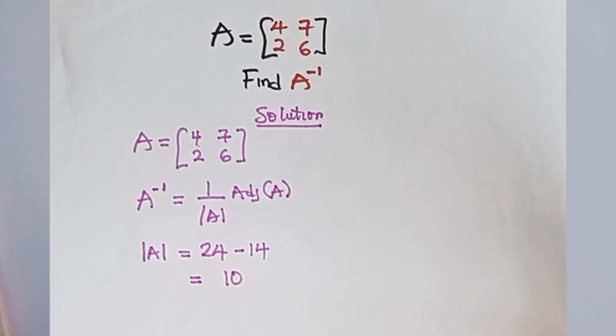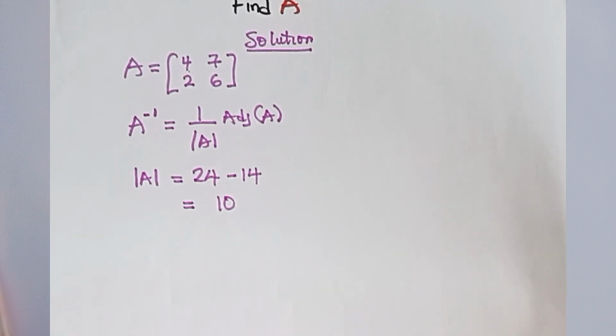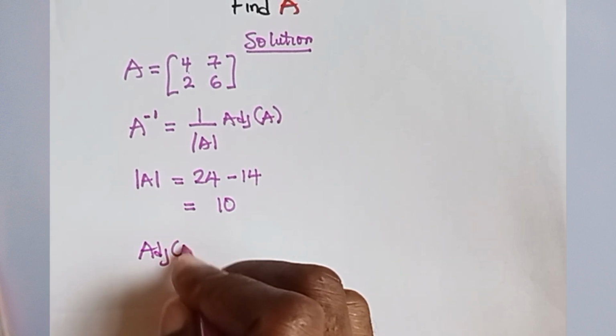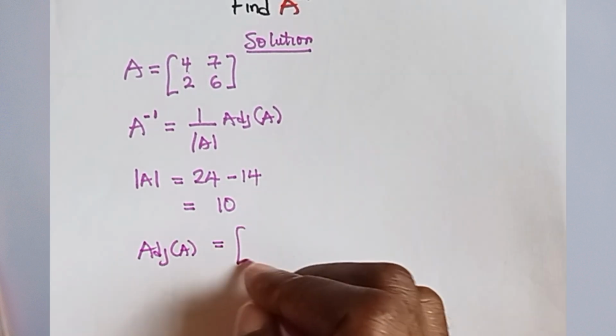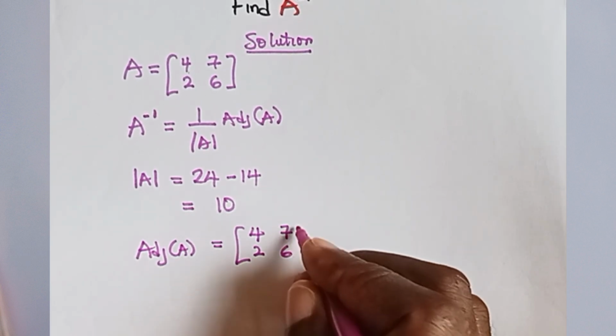So now the next thing we need to find is our adjoint. Adjoint of A. Let me write what A is again. We have 4, 2, 7, 6.